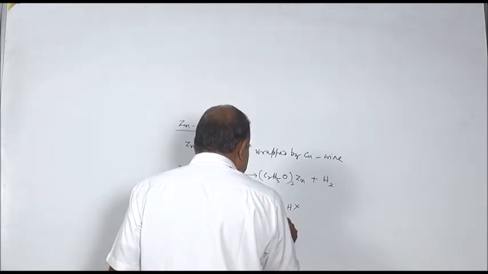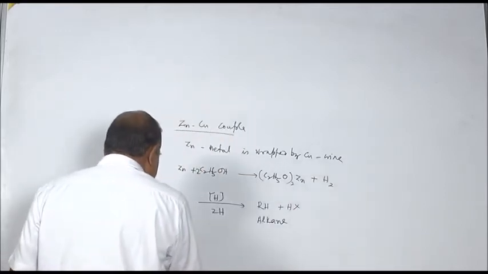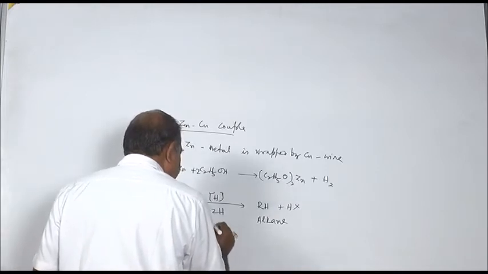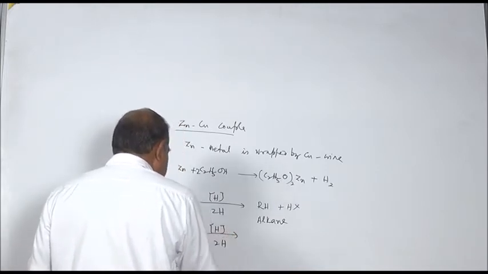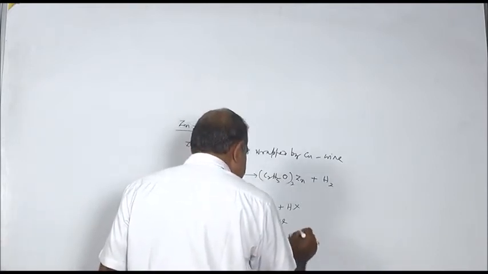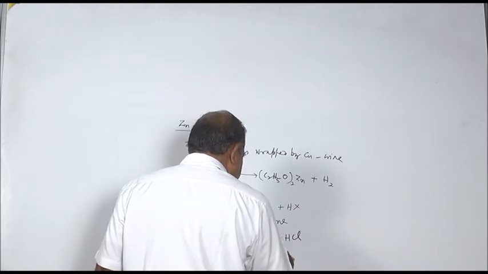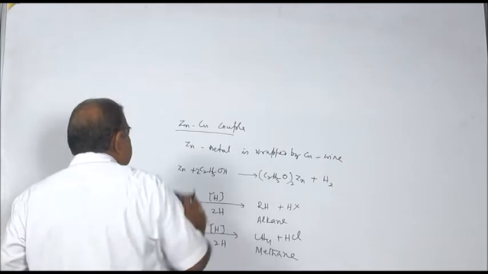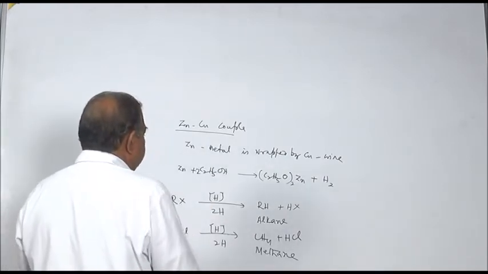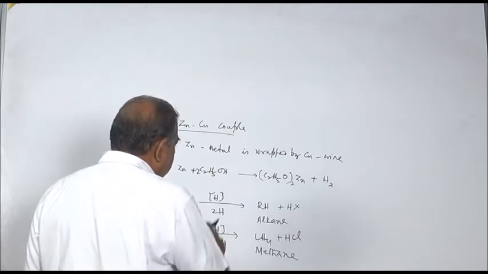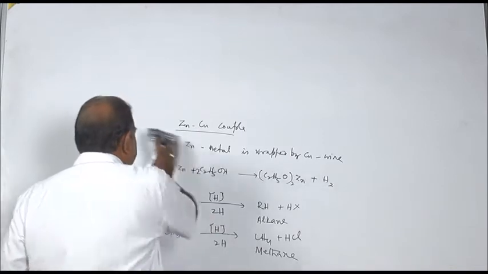This is your alkane. If you start with methyl chloride, by reduction, where hydrogen atoms add up, it will give you methane plus HCl. So there is no change in number of carbon atoms. Zinc metal reacts with ethyl alcohol, produces hydrogen, copper acts as a catalyst here, and alkyl halide is reduced to alkane and HX.